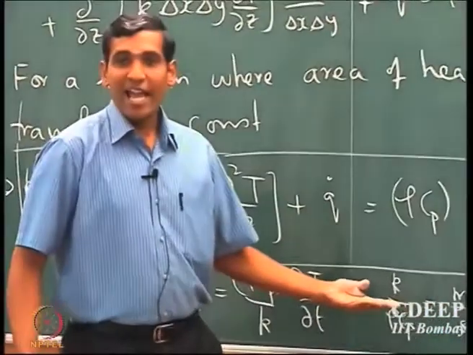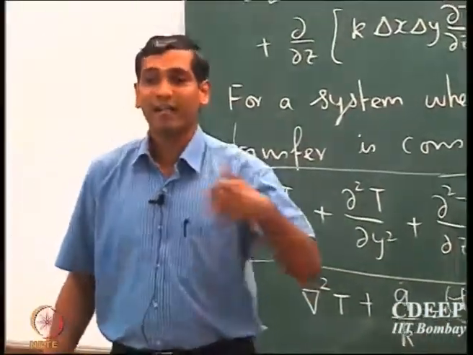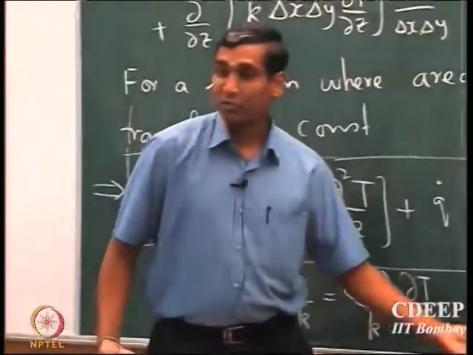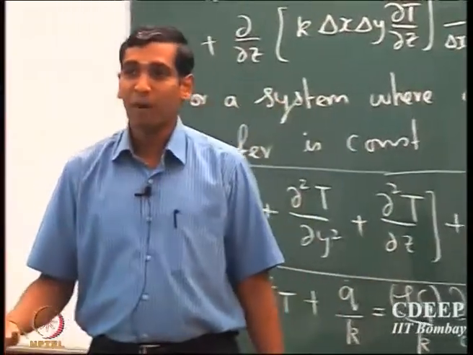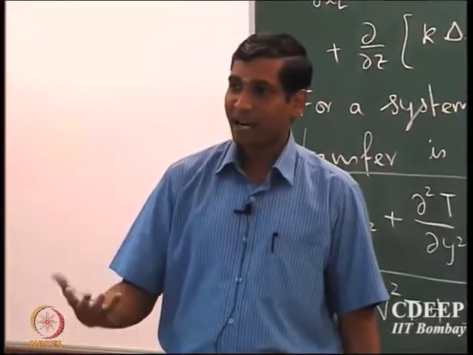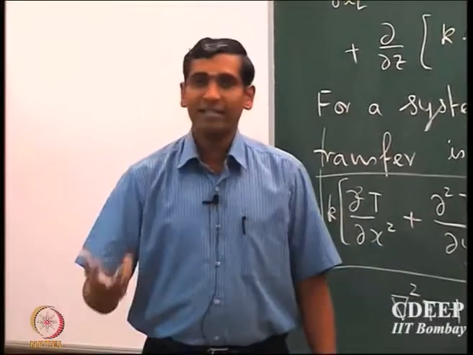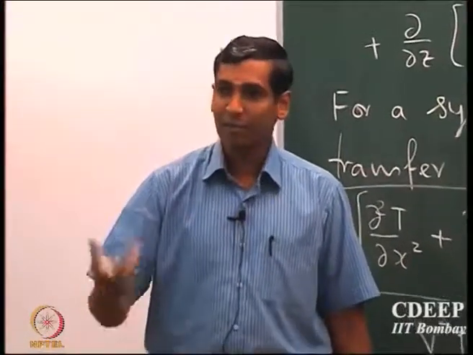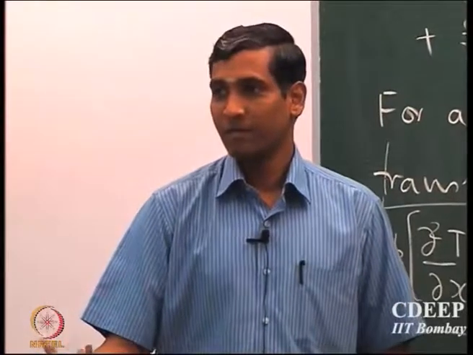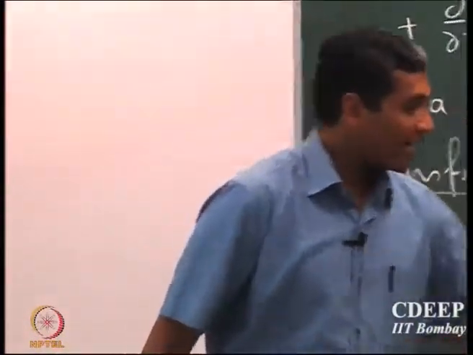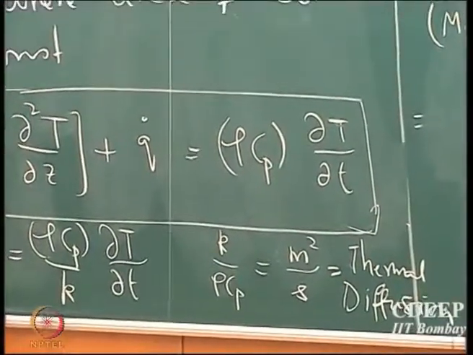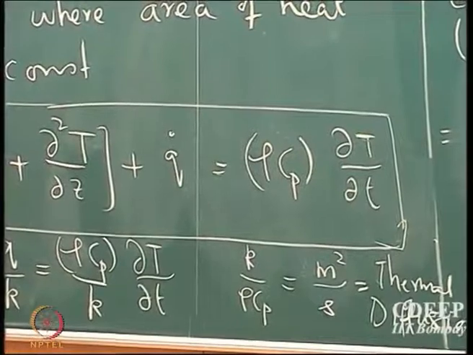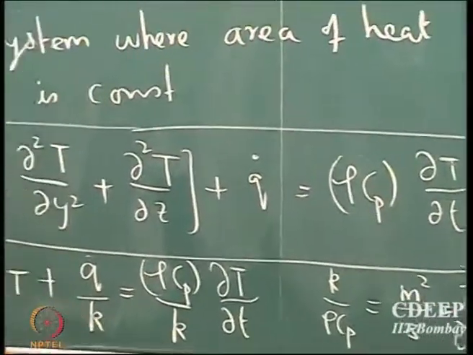Remember what I told you a few moments ago: rho Cp is the intrinsic property that quantifies the ability of the system to store energy within itself, and K is the intrinsic property which characterizes the ability of the system to transfer heat from one location to the other via conduction.